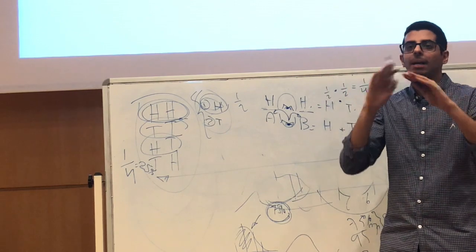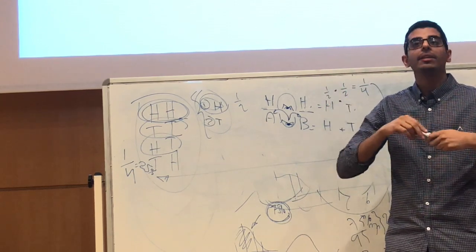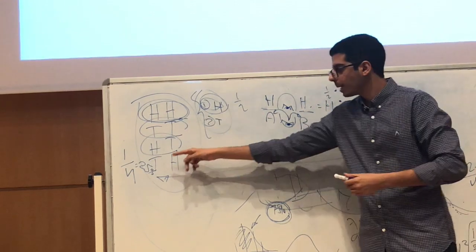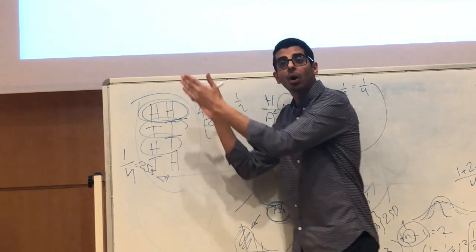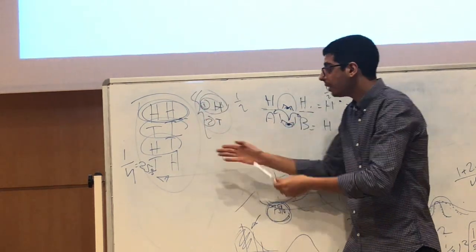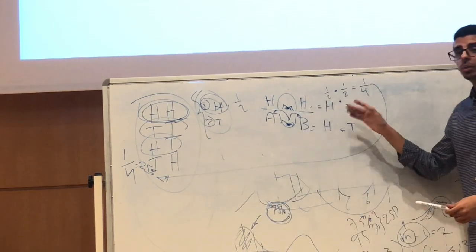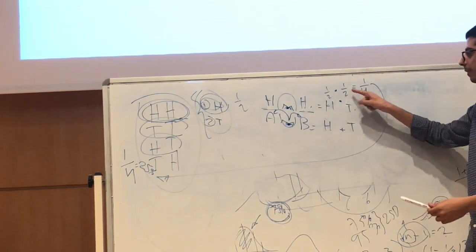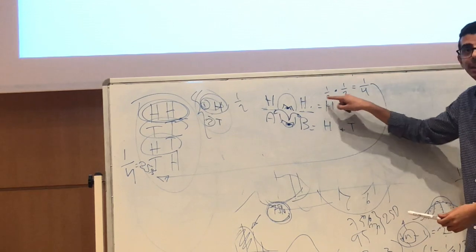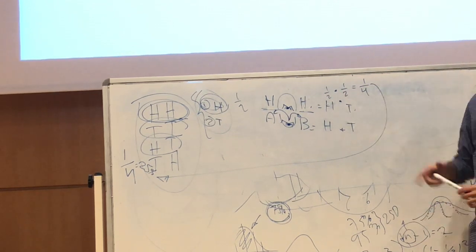Different ways, same answer. The only difference between my way and this way is that here I wrote all the sample space, and then I took the one we're interested in over everything. Here, I did half times half. I just calculated the probability of this one, multiplied them together, and got the same answer.